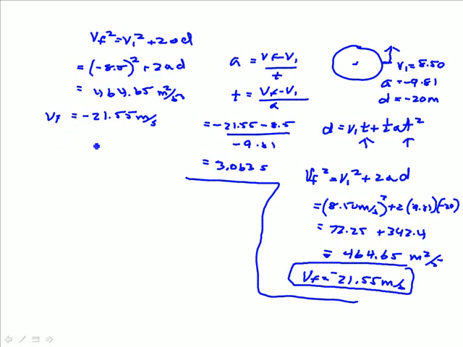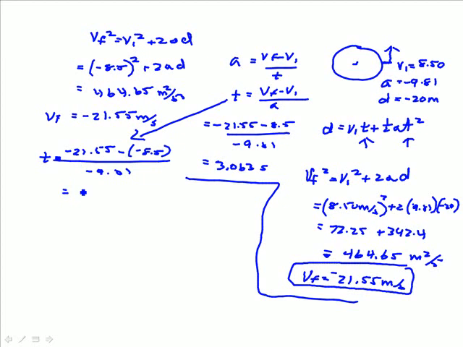Because of course, taking this solution here, t is equal to vf, which is negative 21.55, but the initial velocity was not positive 8.5, but negative 8.5. And we divide that by negative 9.81. We get a much smaller number.